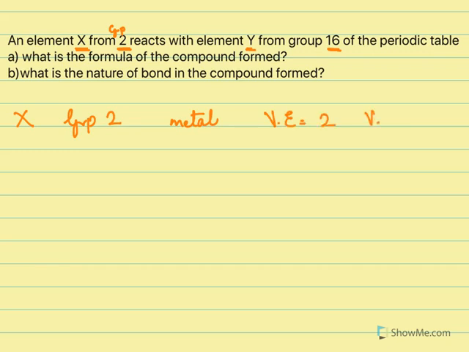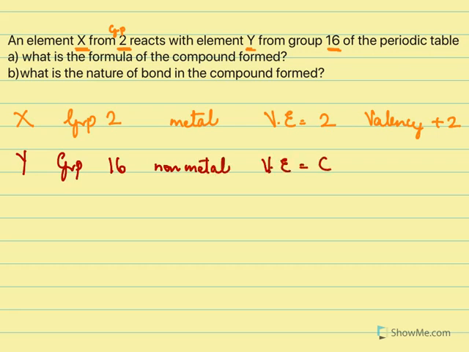Valence electrons 2. So, therefore, valency plus 2. It will lose the outermost 2 electrons because it is a metal. Now, Y belongs to group 16. 16 means non-metal.